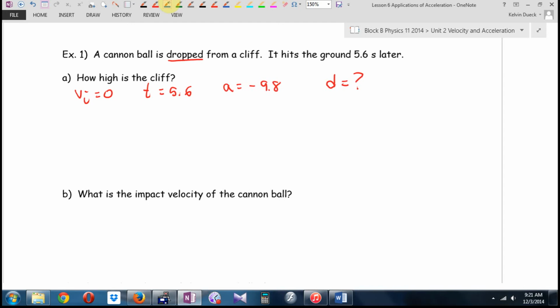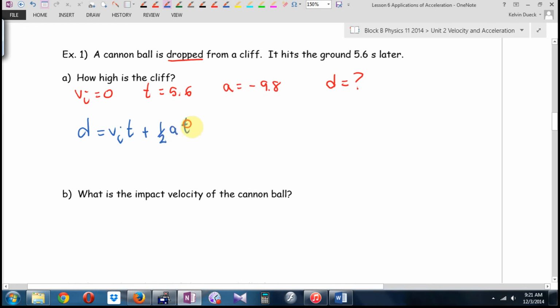What equation? d equals vi t plus 0.5 a t squared. Yep. We need to get the d by itself. Oh, d's already by itself.